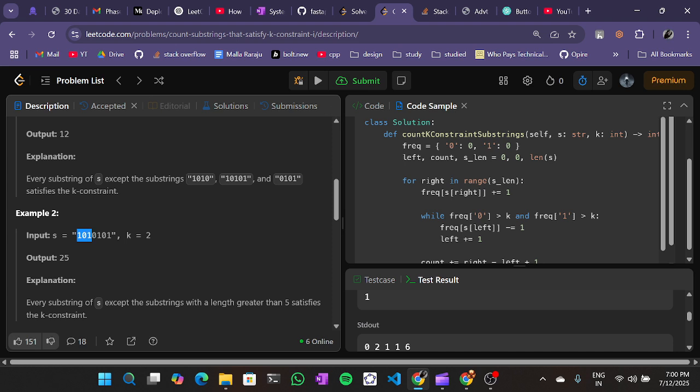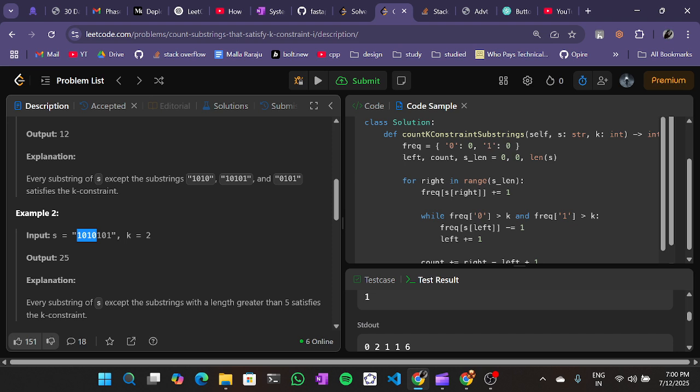So now the k is 2, frequency of 1 is 2, so it's fine to take this subarray. The frequency of 0 is 2 and the frequency of 1 is also 2, which is not greater than k.